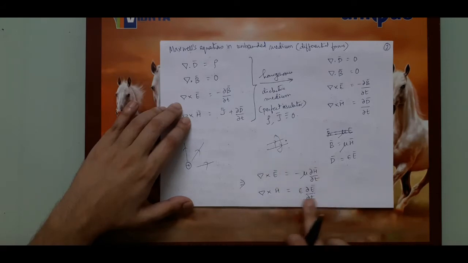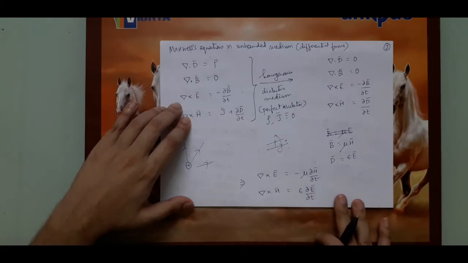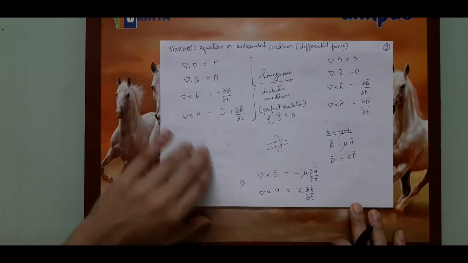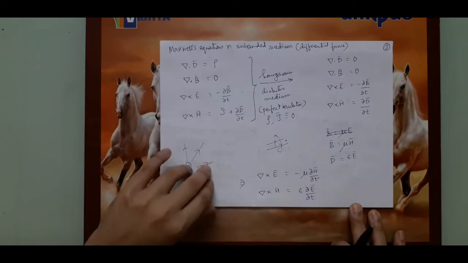So what we can do, these essentially show that as a result of Maxwell's equations, the E and H fields are dependent on each other. The moment one becomes 0, the other will also become 0. So they cannot coexist without each other. So what we can do now is we can take the curl of each and then see what happens.